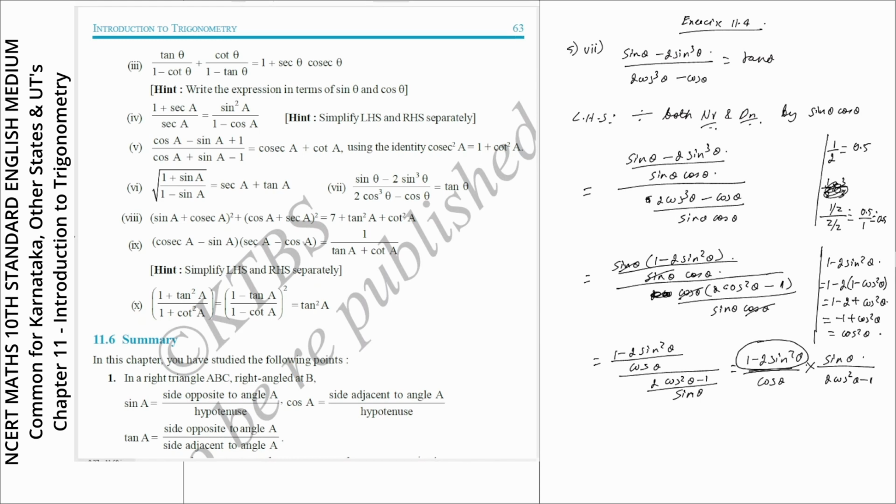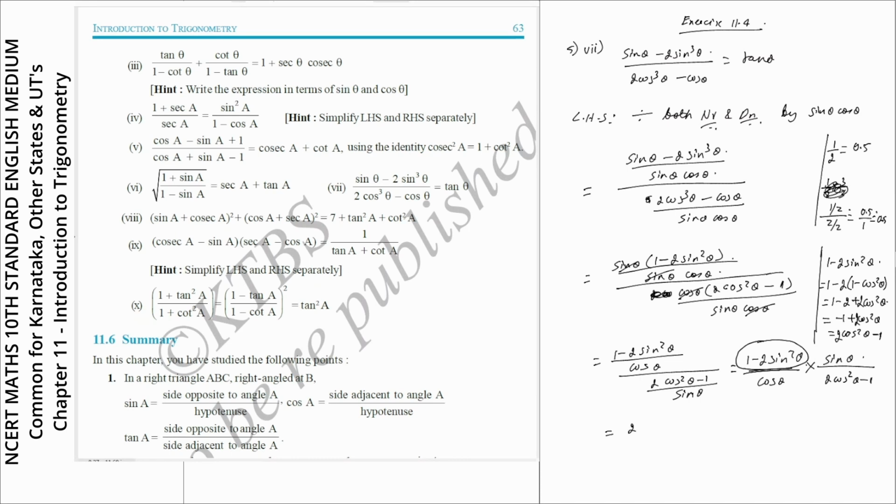Now instead of 1 minus 2 sin square theta, I'll write 2 cos square theta minus 1.